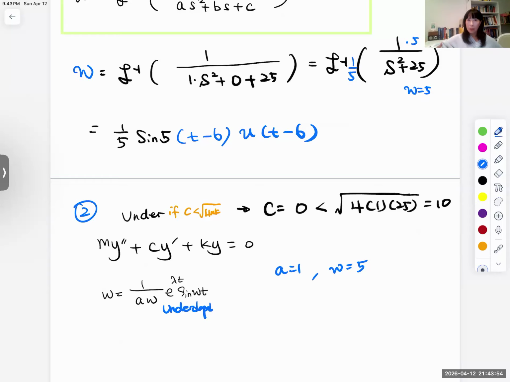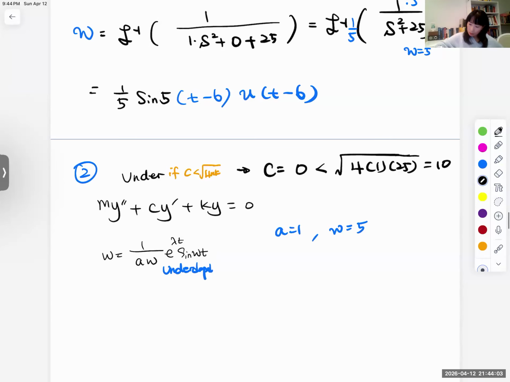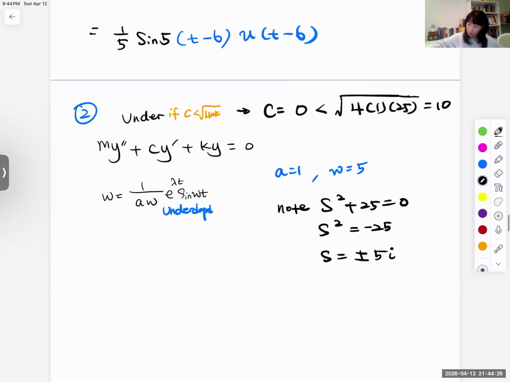How do you find lambda? Basically we have s squared plus 25 equals 0, so s squared equals negative 25, so s equals plus or minus 5i.